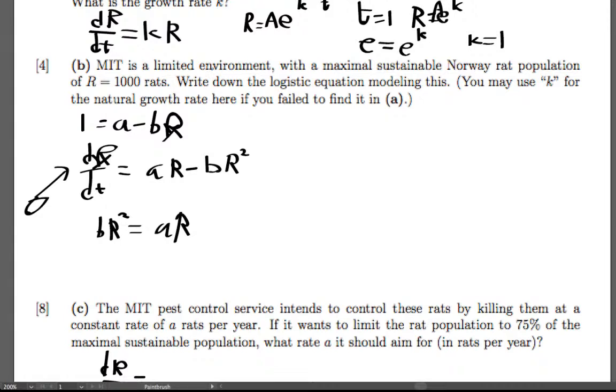MIT is a limited environment with a maximum sustainable rate. For my own intuition, I would personally try to find out where this thing actually stabilizes, which in this case I figured out already, that R is A over B. Yep, R is A over B, which is the stable equation, which means this guy is 1,000.